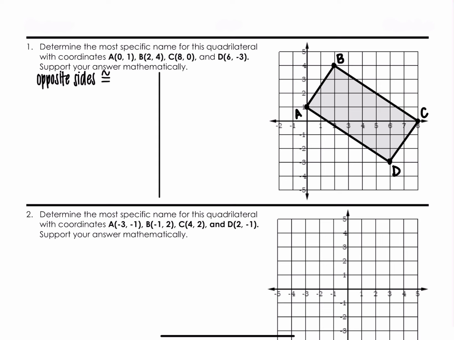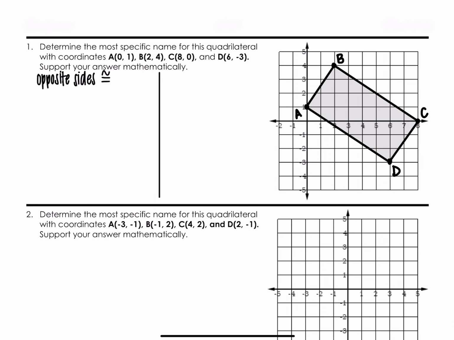Well, there's more than one right answer, so you get to decide which one you would prefer to do. The second method, after I show that these opposite sides are in fact the same length, is I could show that the diagonals are congruent to each other. This would lock in that it is in fact a rectangle because that's one of the major properties of a rectangle.